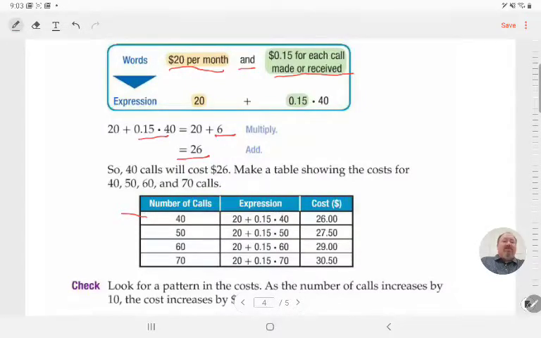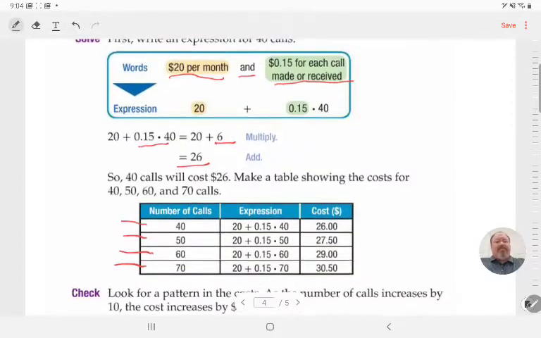For 50 calls, all we do is replace the 40 with the 50, and we get $27.50. For the 60 calls, we just replace the 40 with the 60, and we get $29. And for the 70 calls, again, we replace it with the 70 and get $30.50. So that is basically how you would do that problem. So we'd set it up in that table. We have the answers for everything the problem's looking for. All right.